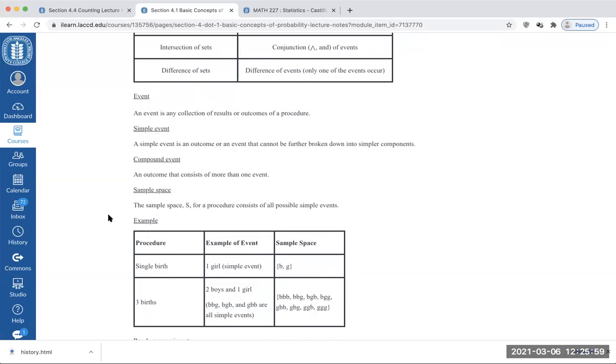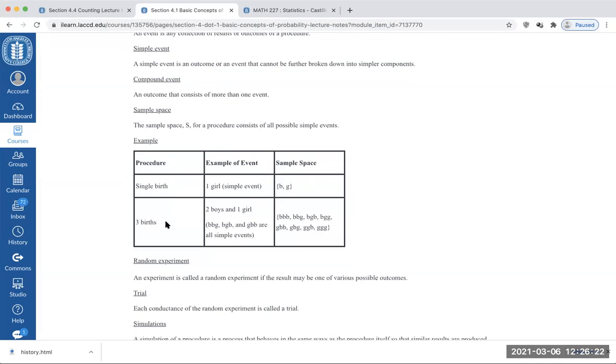So let's look at some examples. Suppose I have the following procedures, and I'll give you an example of an event and what its sample space is. Single birth: you could have one girl. That's an event. The sample space is boy, girl. Suppose you have the procedure of 3 births.